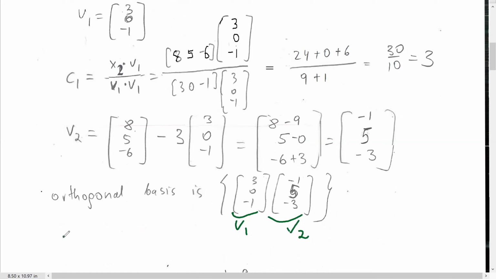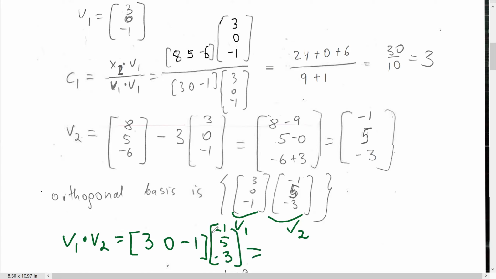If I calculate v1 dot product v2, I would take this (3, 0, minus 1) transposed, times this vector (minus 1, 5, minus 3). 3 times minus 1 is minus 3, 0 times 5 is 0, and minus 1 times minus 3 is plus 3. So this is 0. If the dot product is 0, that means the vectors are orthogonal.